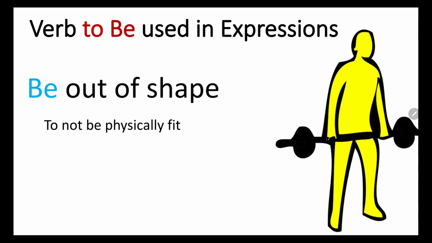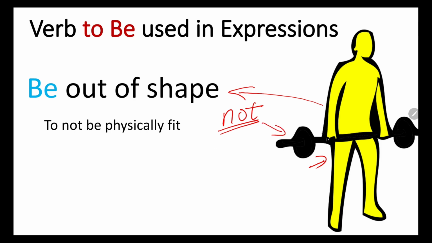Great. Look at this other expression. Be out of shape means what? Look at this guy. He is able to lift some weights. Okay? If he is out of shape, he will not be able to lift this weight.